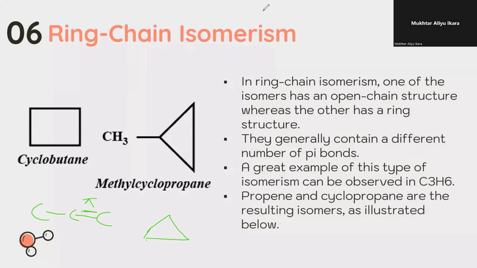So one of the isomers has an open chain, that is propene, and the other one has a ring structure, and that is this.